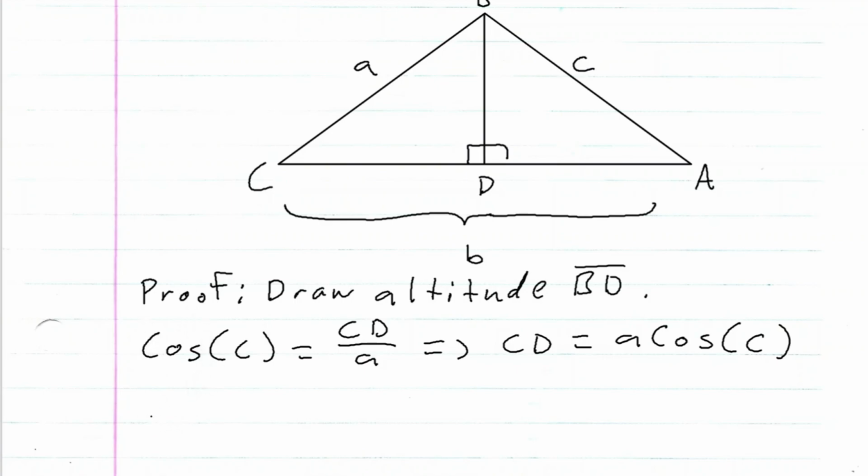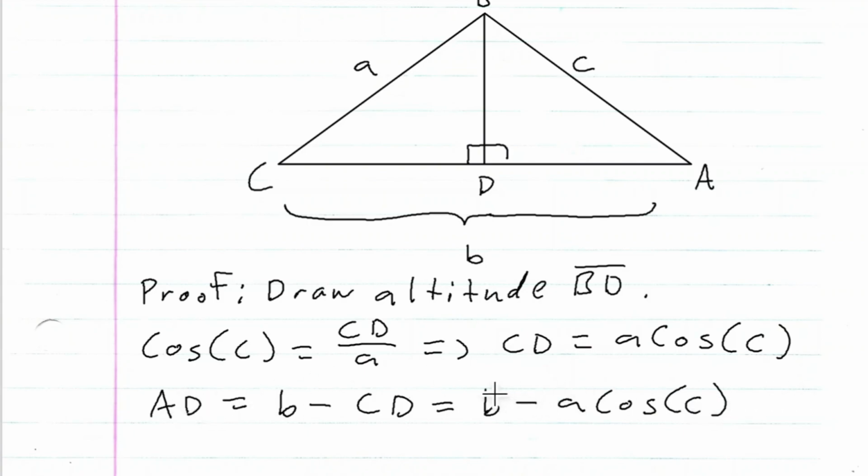So AD is equal to the entire length, which is b, minus this piece here, CD. And of course, instead of writing CD, I can write a cosine of C. So I know that AD is equal to b minus a cosine of C.